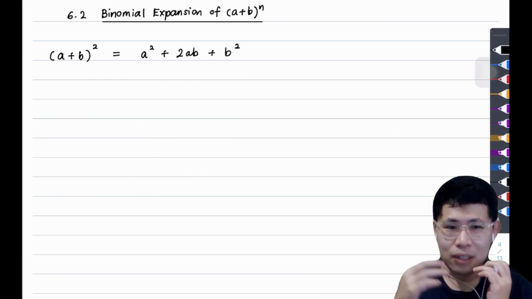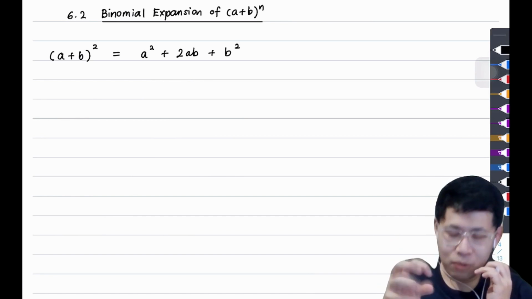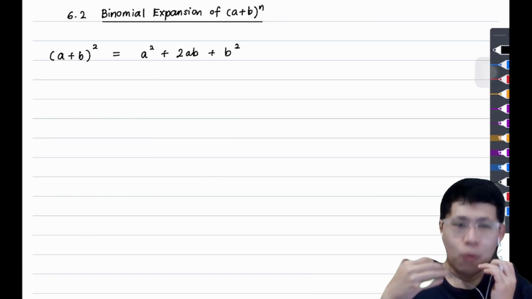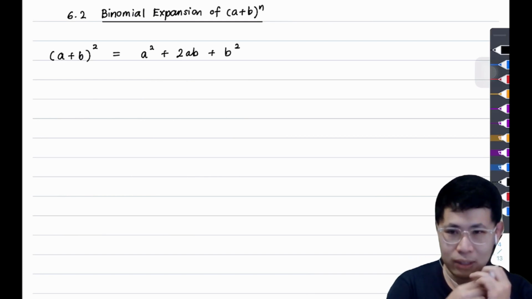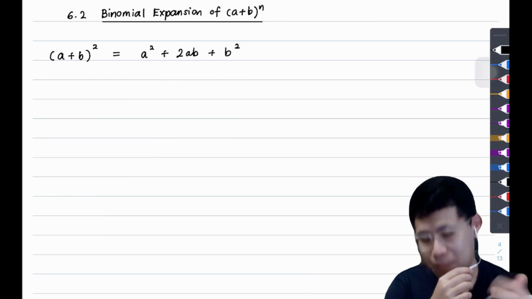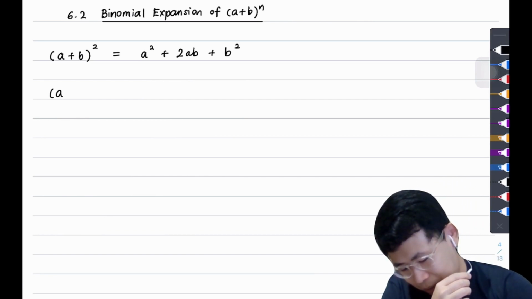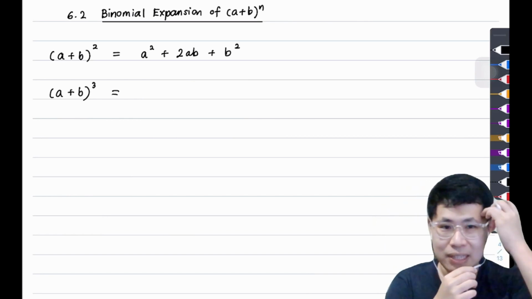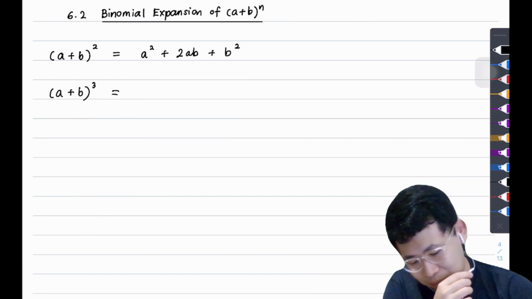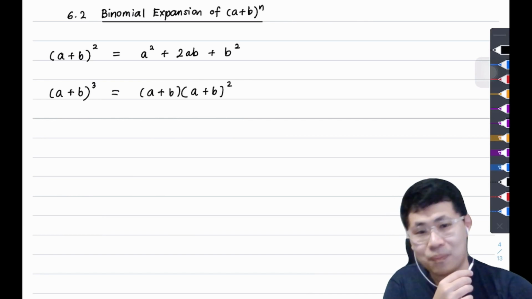The main question that we're trying to answer is, what about the higher powers? How do they look like? So let's explore a bit. I'm going to look at (a + b) cubed, to do something that is easier to handle. It's simply a plus b multiplied with (a + b) squared.